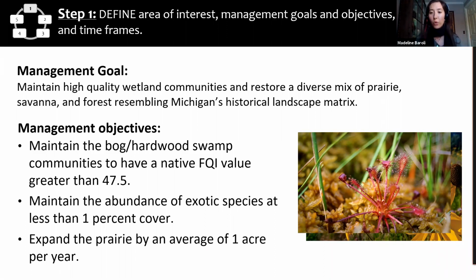Some of their more specific objectives related to this goal include maintaining a high floristic quality value, keeping the exotic species present at less than 1% cover, and also to expand the prairie habitat slowly over time. So they're some pretty straightforward goals and objectives here.